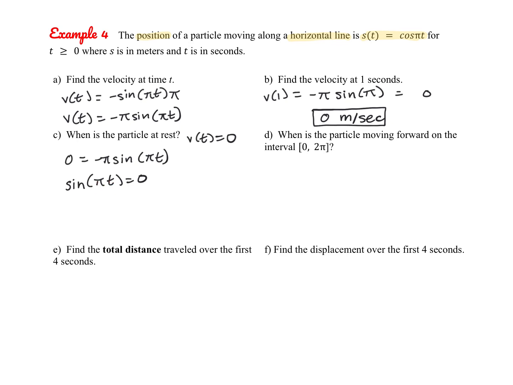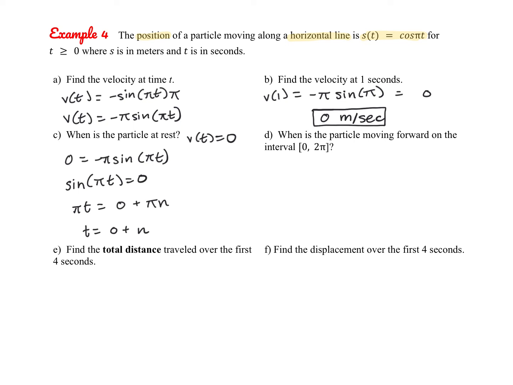And then from here, if we solve for this angle, which is pi t, we know that sine is equal to 0 at 0 plus every pi, moving forward or backwards. So I can describe that by saying plus pi n, where n is any integer. And then we just need to finish solving for t, so we need to divide both parts by pi. So we get t equals 0 plus n.